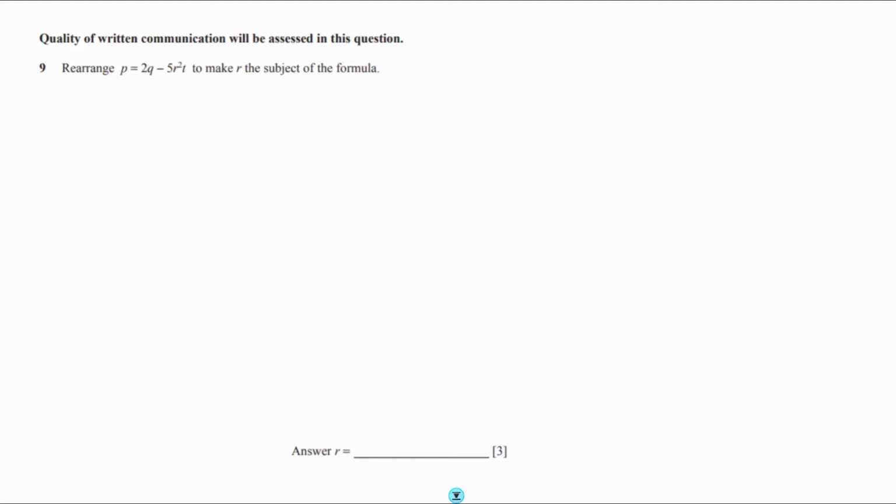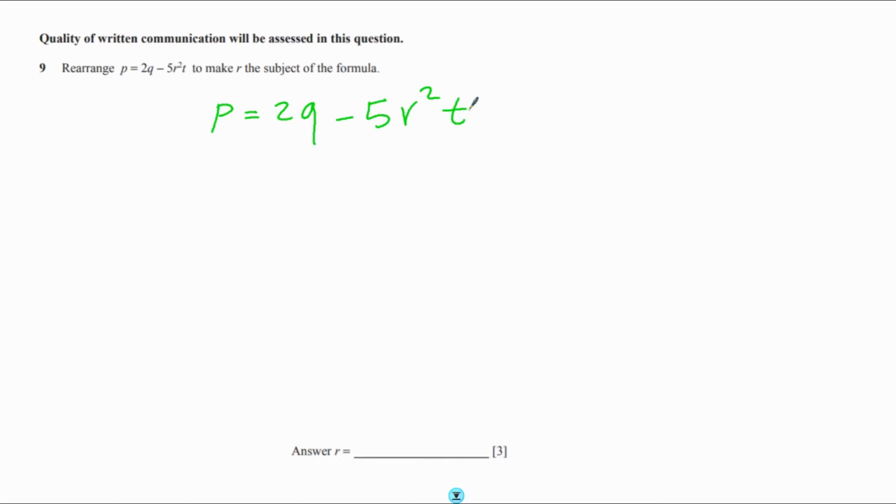Now it says rearrange p equals 2q minus 5r squared t to make r the subject of the formula. It says quality of written communication will be assessed in this question, so we need to have the details here. So we have p equals 2q minus 5r squared t. We want to make r the subject of the formula.